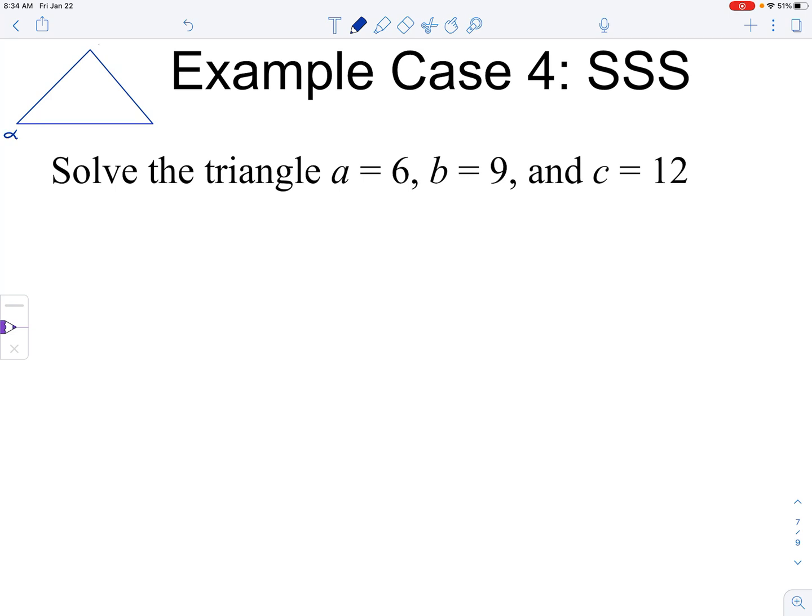Okay, we'll do one more example of the side case. So again, we're solving for all three. Oh, that's not beta. That's gamma. That's beta.